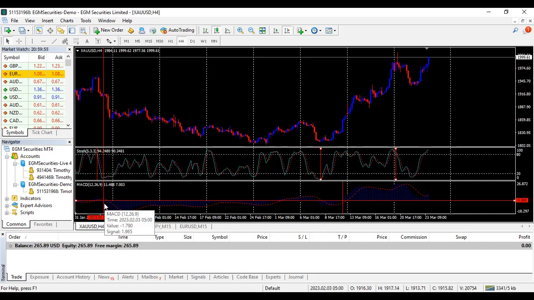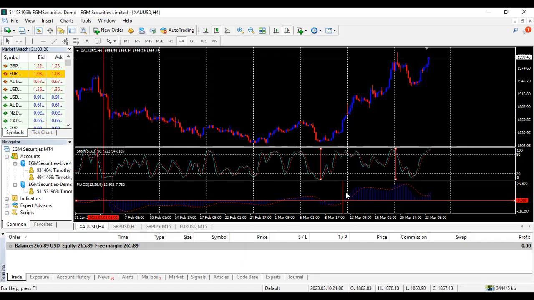So let's say you're in a sell entry here, and the histograms are increasing in size. The moment you see that they have started to decrease in size, when the moving average is converging to the 0.00 line, you take your profit, because it shows you that the market is about to reverse and go in the other direction.